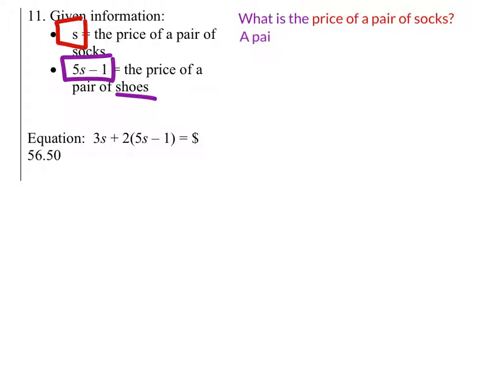A pair of shoes is $1 less than 5 times the cost of socks. Okay. Bam.